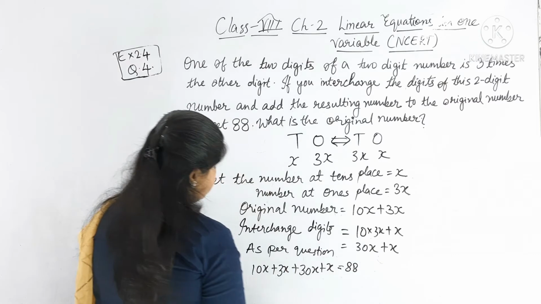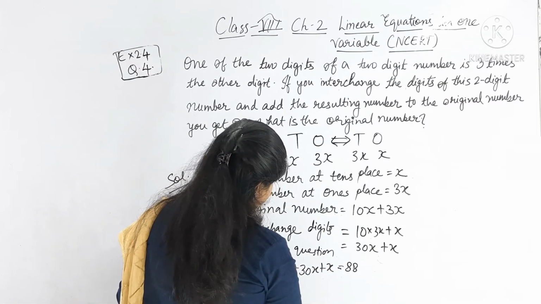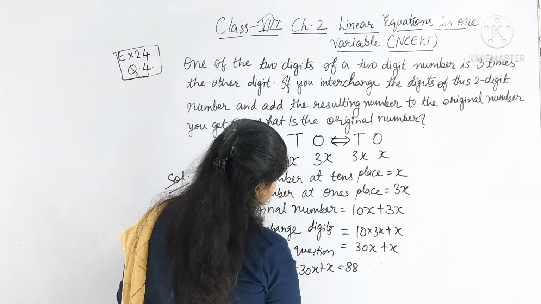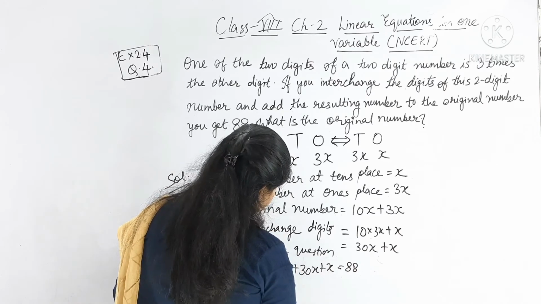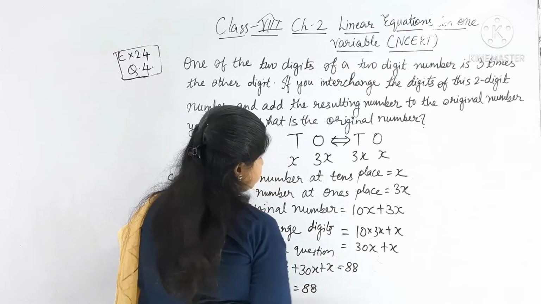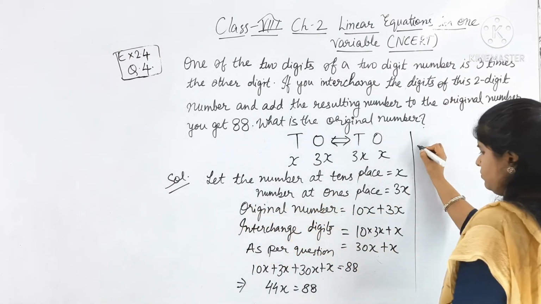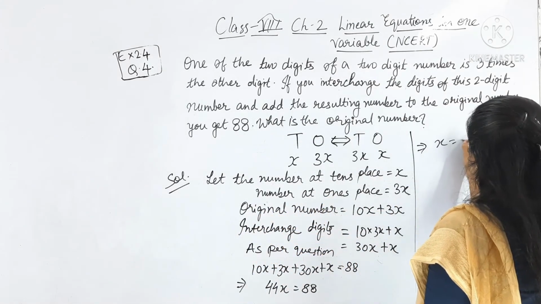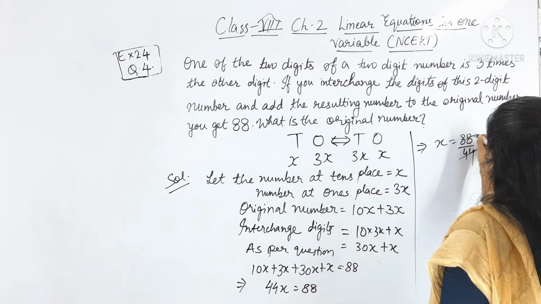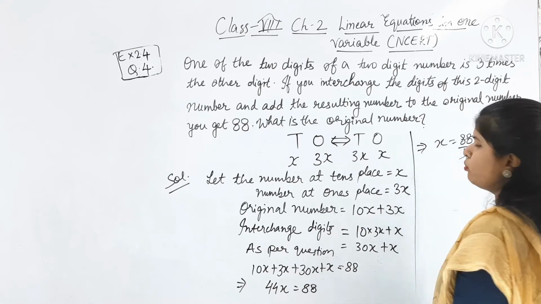Okay, so here all are x terms, so 10 plus 30 is 40, 43 and 44. 44x equals 88. x equals 88 divided by 44. So ones are, twos are 88. So x equals 2.